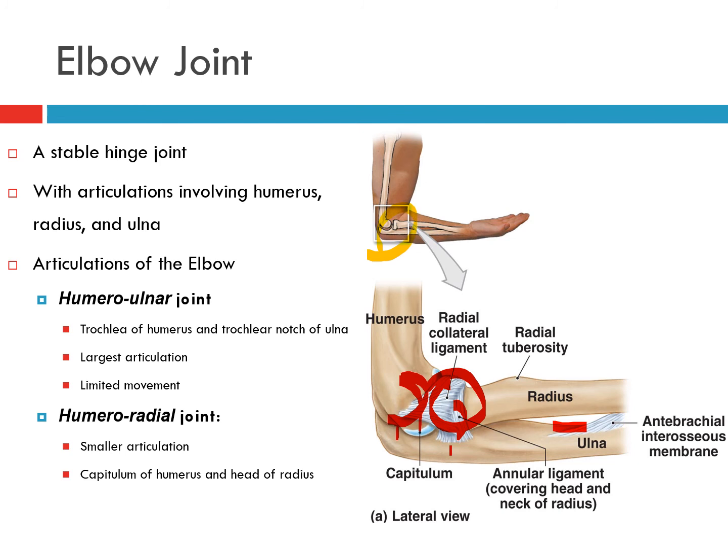So the head of the radius flexes in over the capitulum to the, oh, I just drew a blank. Oh my goodness. The radial fossa. The radial fossa on the anterior humerus. And then the olecranon process is going to, when you extend, go into the olecranon fossa on the posterior humerus.